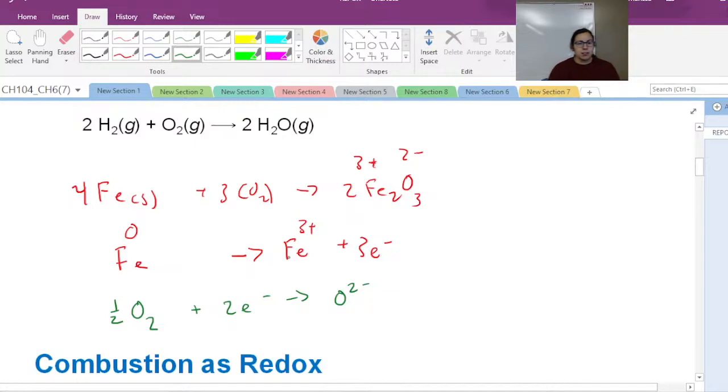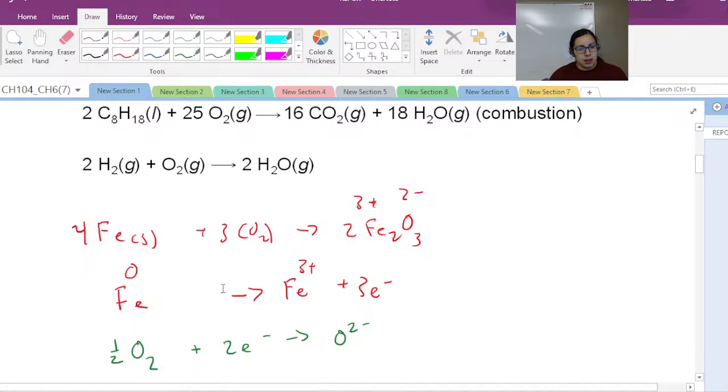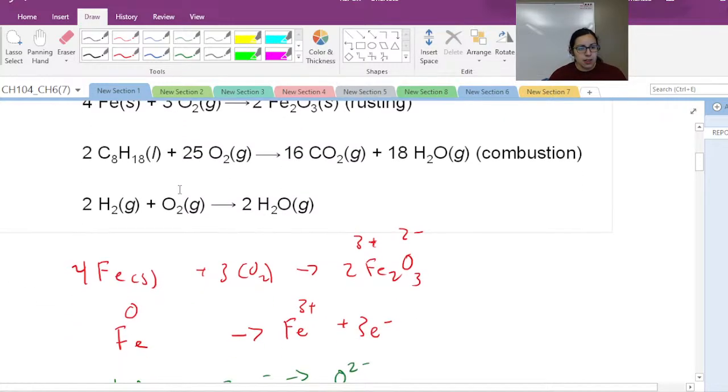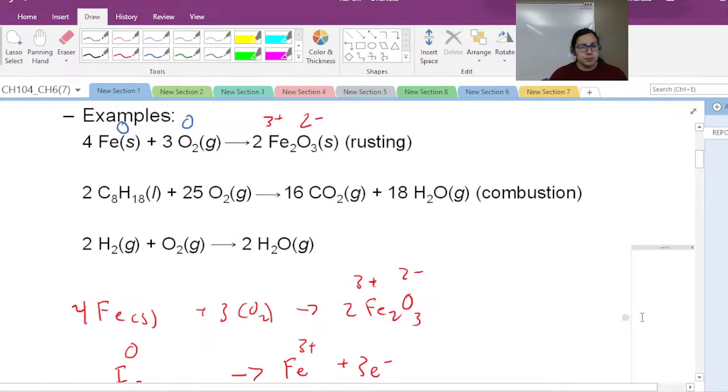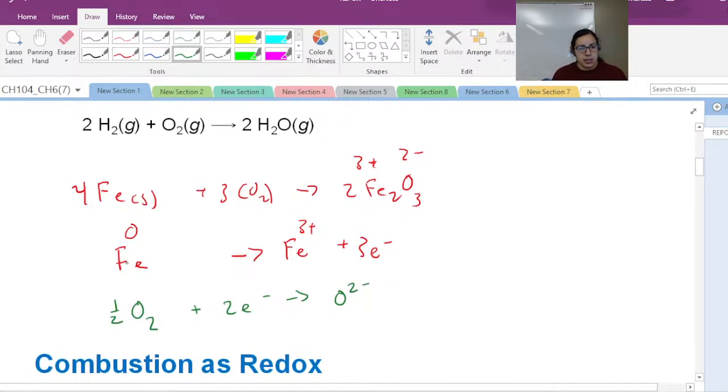And so now we can start to see not only do we have a balanced equation, but our stoichiometry should match also with our electrons. So we have 4 equivalents of iron here, losing 3 electrons, right?